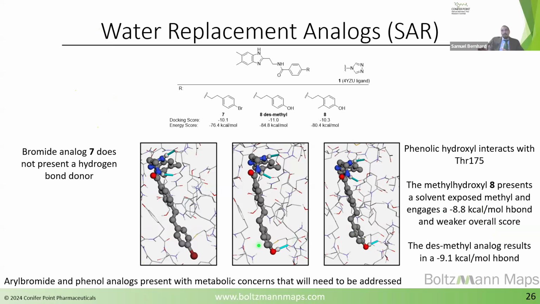So it's important to note here that arylbromides and phenols tend to have metabolic issues. The arylbromides are metabolized in the liver, and phenols are typically a concern as CYP substrates. So with this in mind, we're going to take a look at some other potential analogs that might not present with similar issues.